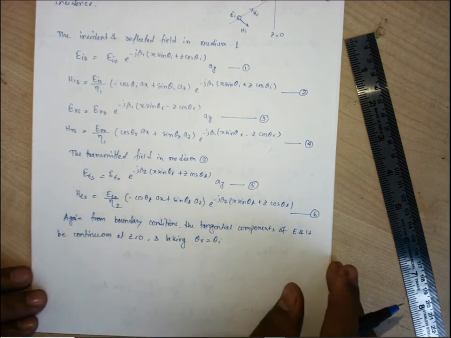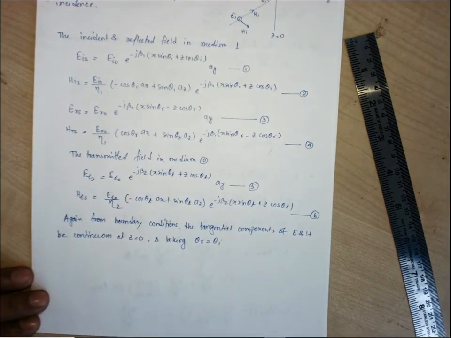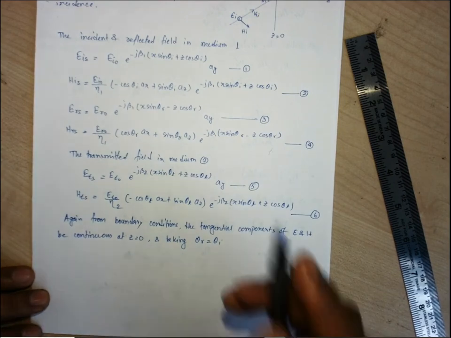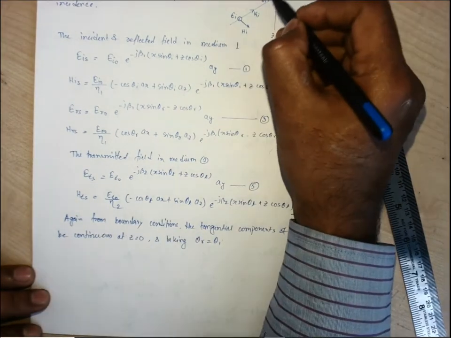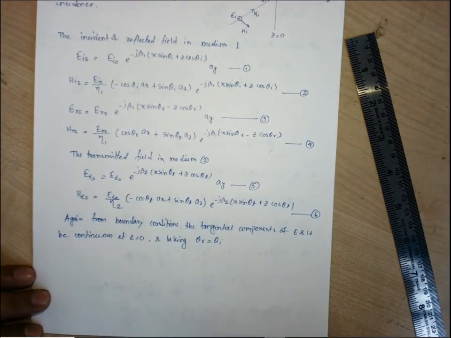So in medium 1 we have incident and reflected, and in medium 2 it is transmitted. At z equals 0, whatever field exists in medium 1, the same field will be there in medium 2. It is only possible at the interface, at z equals 0.